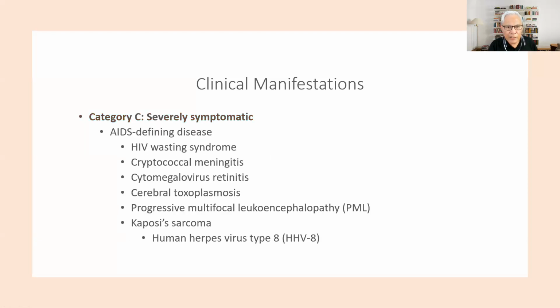And the other category of infections is the severely defining characteristics of AIDS. And this would include your HIV wasting syndrome, cryptococcal meningitis, Kaposi sarcoma, and so on. So we'll go back to all these opportunistic infections later on.